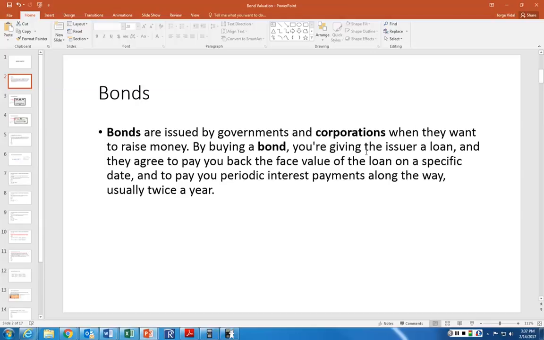When you buy a bond, you're giving the seller a loan, the company or the government, and they agree to pay you back the face value or par value at the end of the life of the bond. They will most of the time pay you the coupon payment, which is the periodic interest payment, usually twice a year, or semi-annual, as we saw today in class at the end.